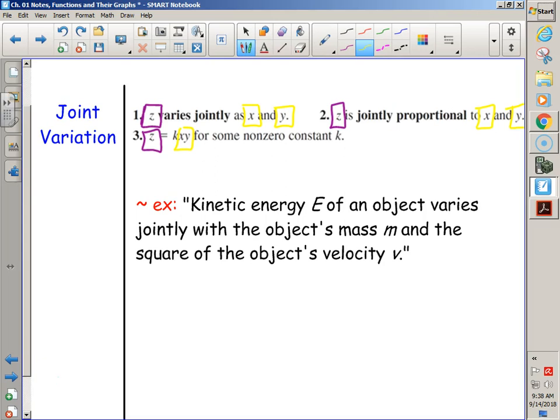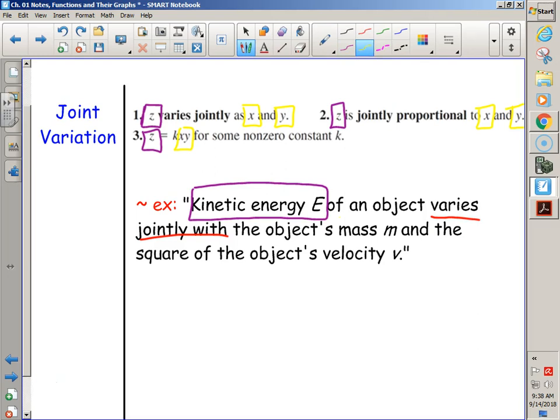As you were writing this example, hopefully you realize the main guy here is kinetic energy. If you're trying to understand the problem of an object, the main guy describing the object is E. And "jointly with," so there's your wording. There's no "is," but that's okay. With "jointly with," we should already expect two different things.